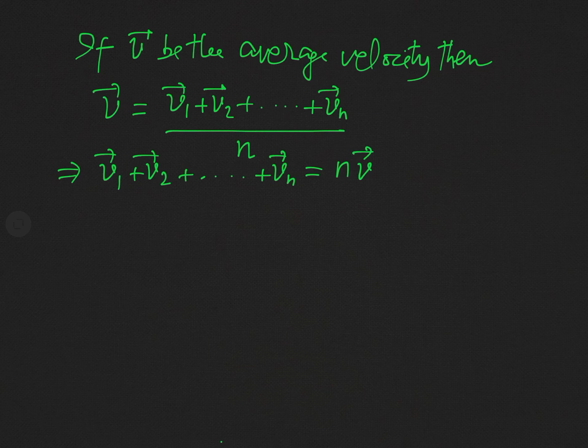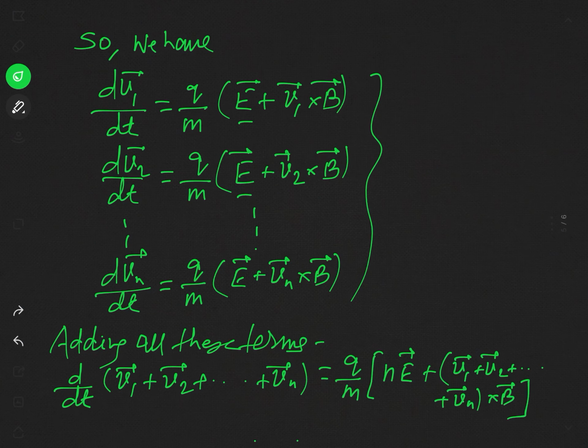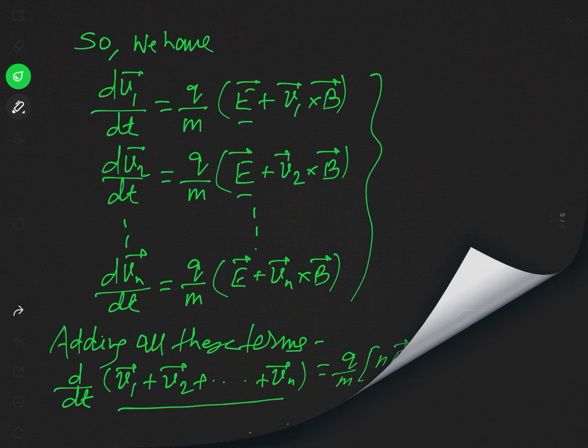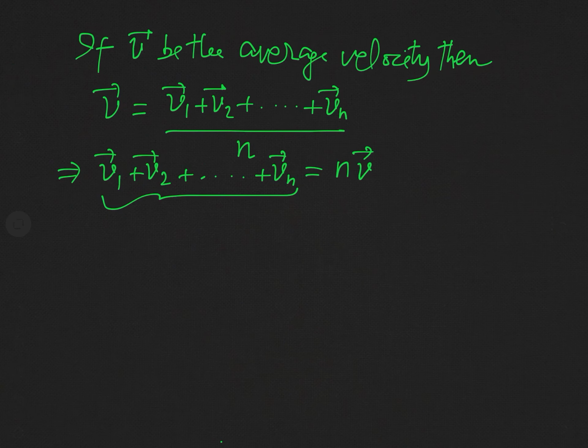Now, this value of the sum of velocities of plasma particles, I am just putting in the above equation. See this equation. Here we will put n into V, and inside the square bracket again we will put n into V instead of V1 plus V2 plus so on. So what will be our result?